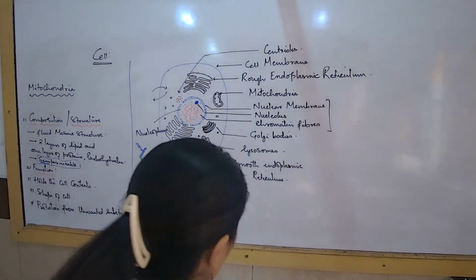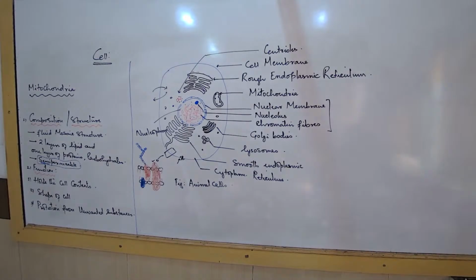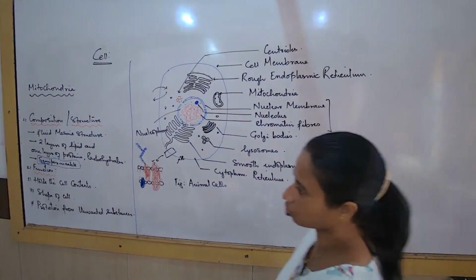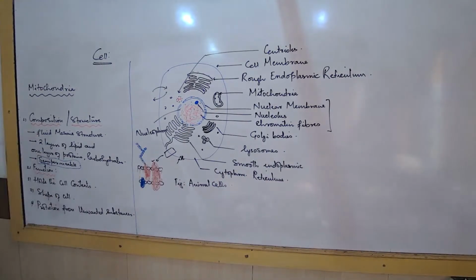Now, if you have to look into certain features of the mitochondria, I want you to draw this structure first. Draw that figure, very simple, with a pencil. The mitochondria and the nucleus, you have to draw separately also.